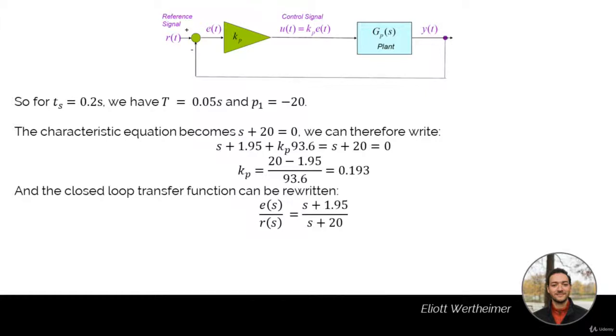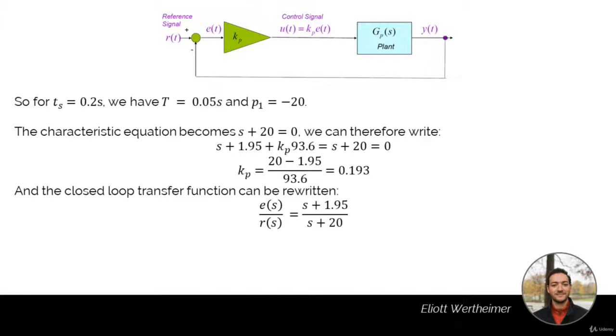So we can write that s plus 1.95 plus Kp times 93.6 is equal to s plus 20, itself equal to 0. If we develop all this, we can actually find a value for the proportional gain of the controller, that is (20 minus 1.95) over 93.6, equal to 0.193.